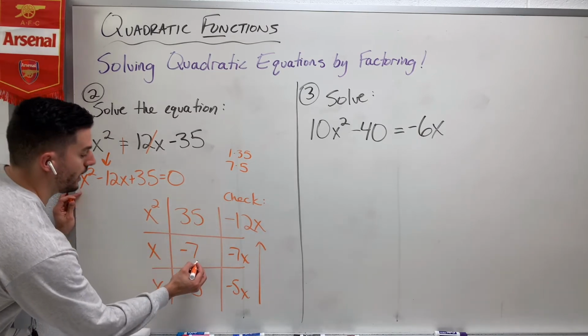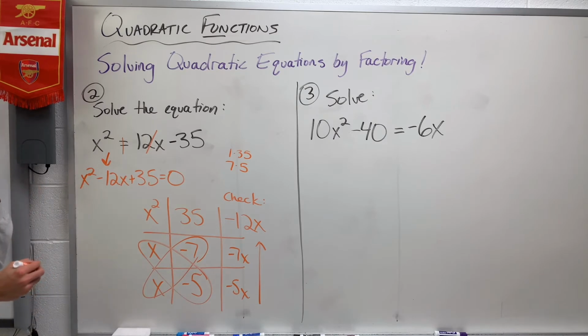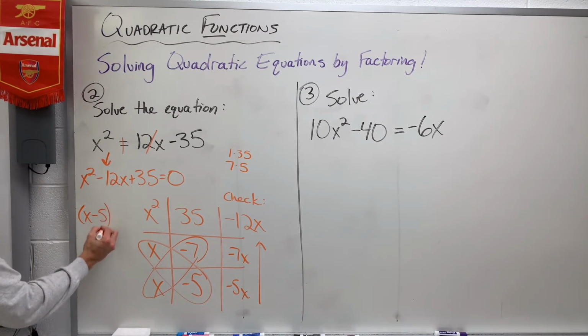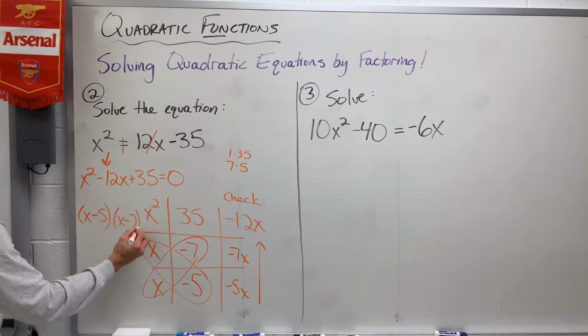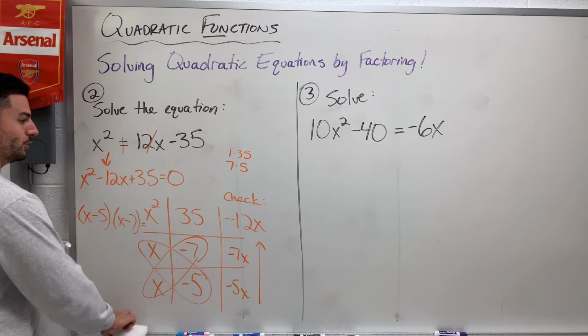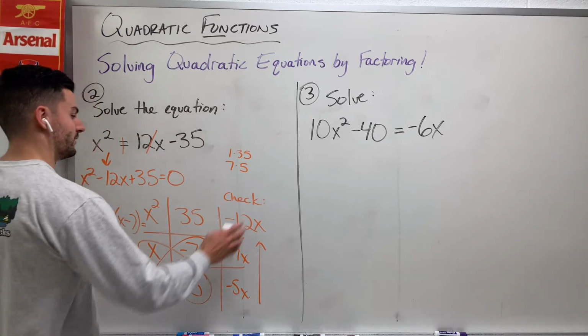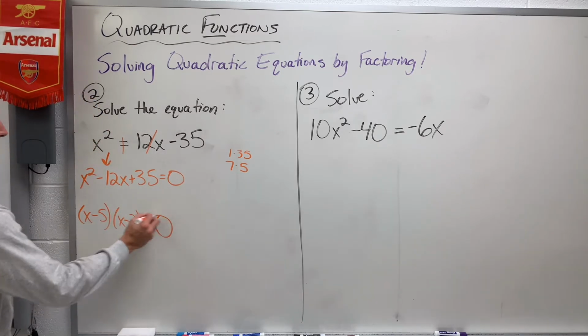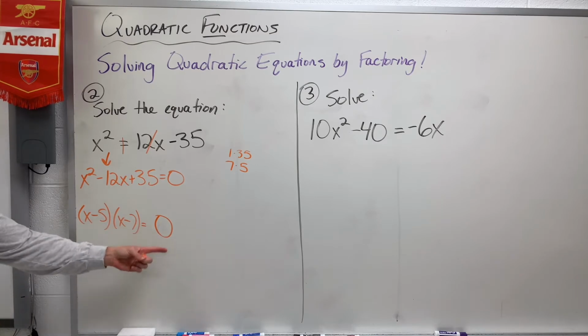Great. So now I have my two groups, and they would be x minus 5 times x minus 7 equals 0. And now that I have those, I am going to erase my tic-tac-toe board just because, again, I'm out of space. So I've got x minus 5 times x minus 7 equals 0.